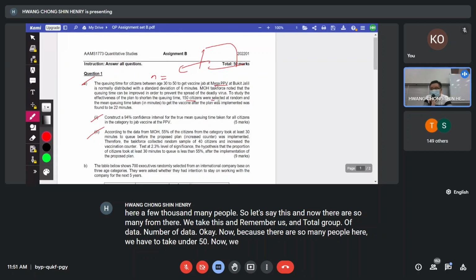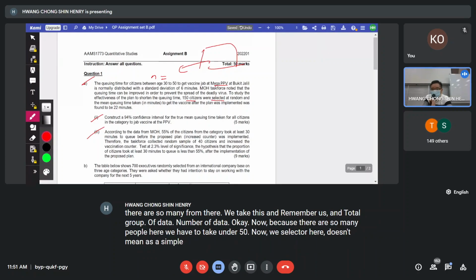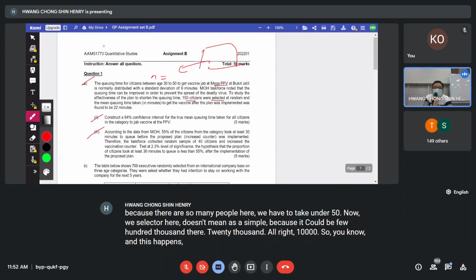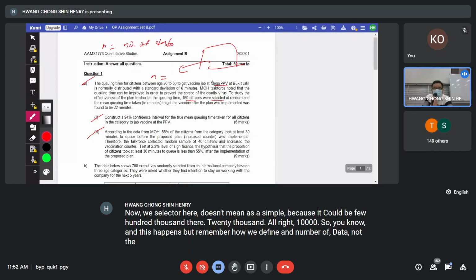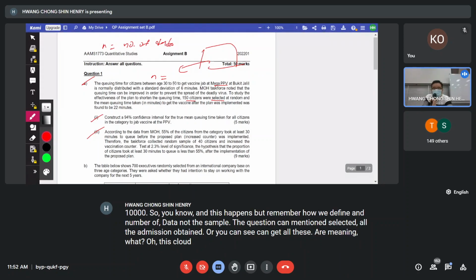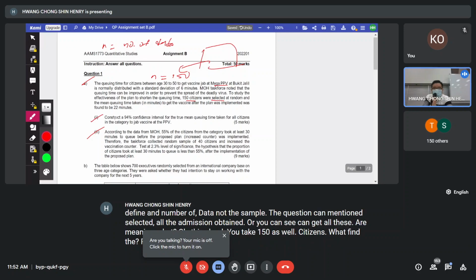The 150 selected here doesn't mean a sample, because I said it could be a few 100,000 there, 20,000, or 10,000. So we cannot afford to take that as N. Remember how we define N? Number of data, not the sample. The question can mention selected, or obtained, or can get. All these mean that out of this crowd, you take 150 as your citizens to find the CI.